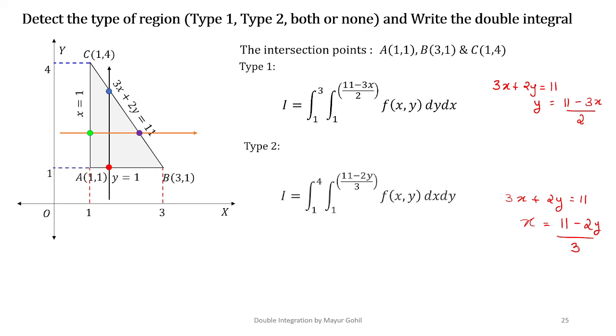So the double integral corresponding to the type 2 region will have the outermost integral with limits 1 to 4, and the innermost integral will have the limits of x equals 1 up to x equals (11 minus 2y) divided by 3, and the order is going to remain dx dy. Okay, so this is also a type 1 as well as a type 2 region.